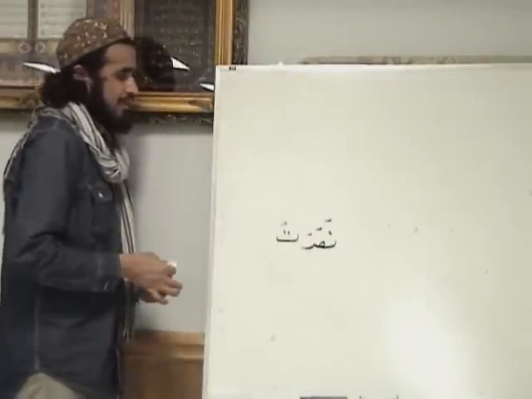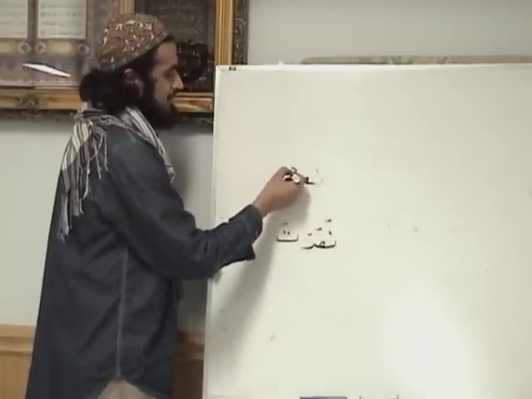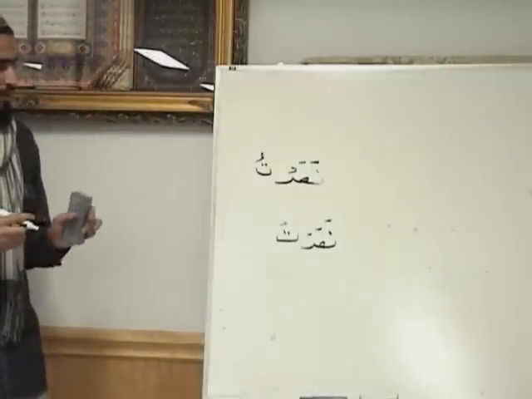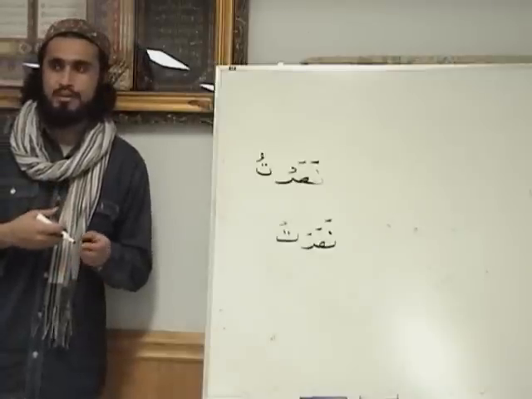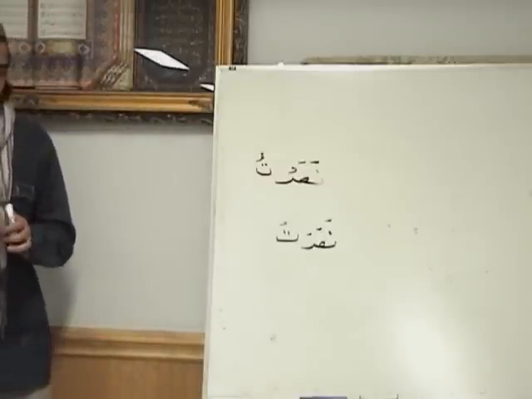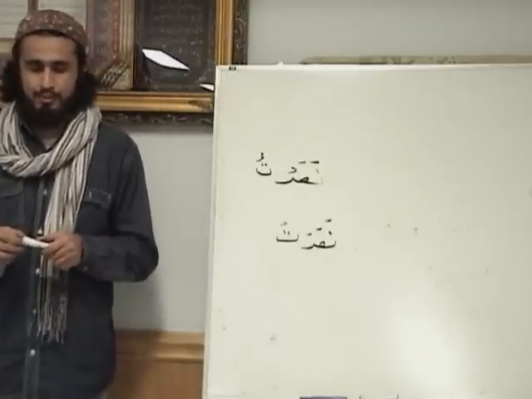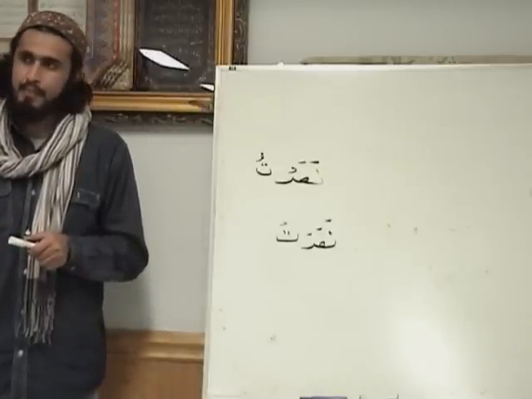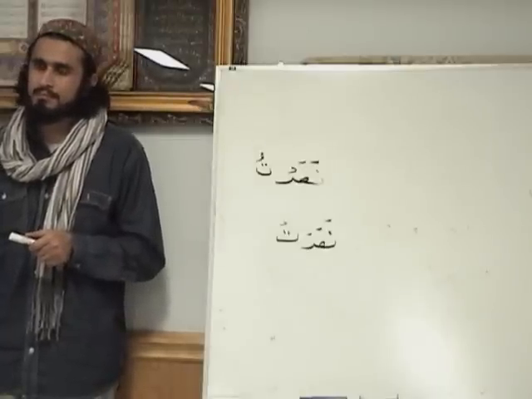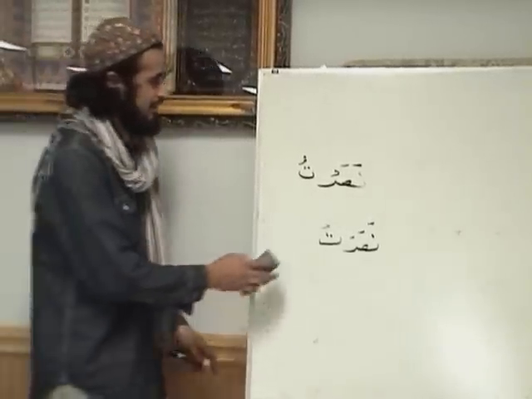And if you want to say I helped, you say nasartu, and so on. So there's a reason behind why they use a third person singular, masculine, like nasara and sami'a and so on, because it's in the purest and most simple form. How does this couple with ana, huwa, hiya, all those things? It's very closely related to that, and we will discuss that shortly, inshallah.